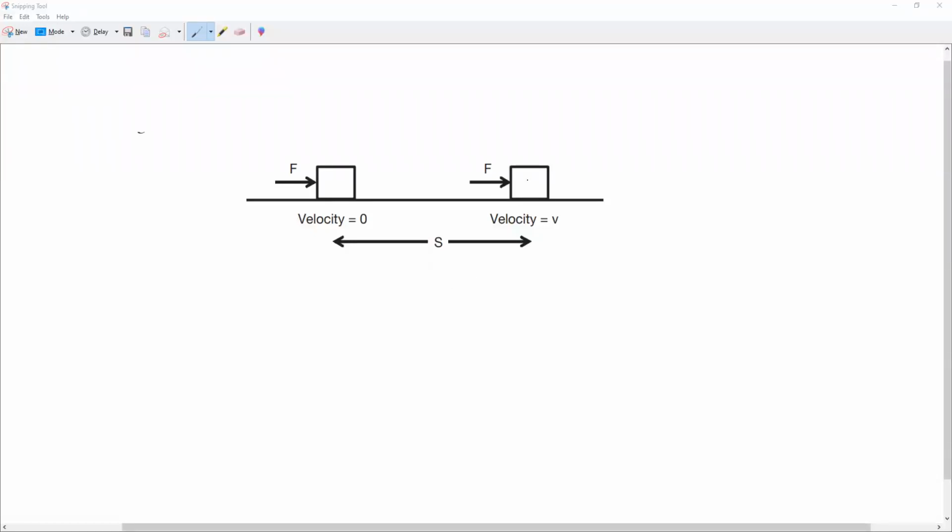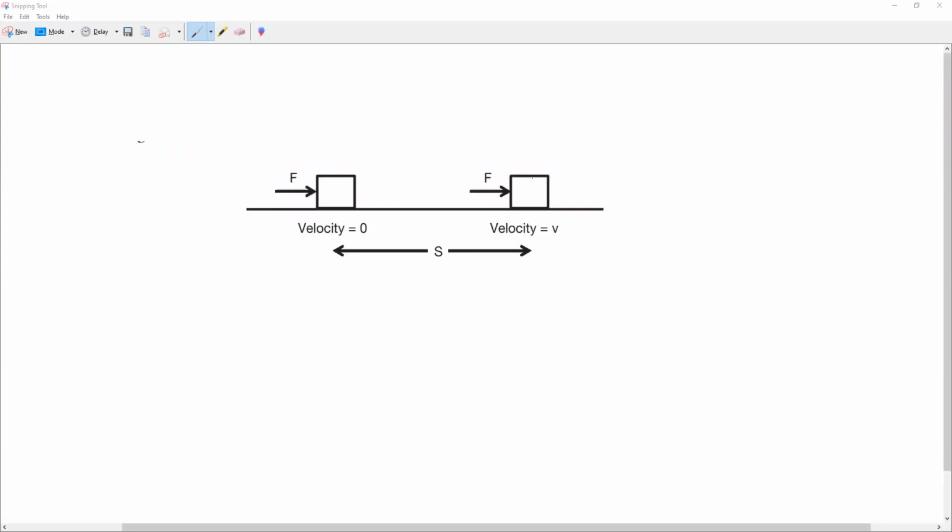Write it down: derivation of expression for kinetic energy. Consider a body of mass m.